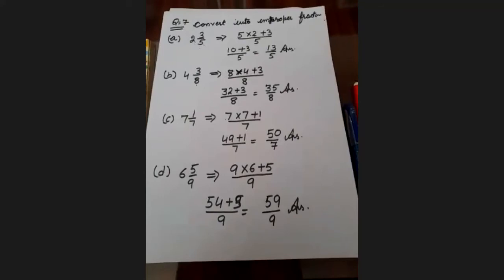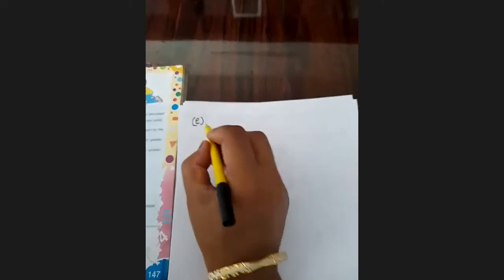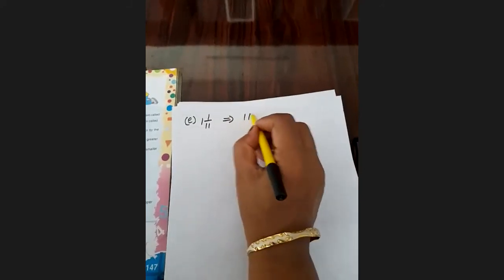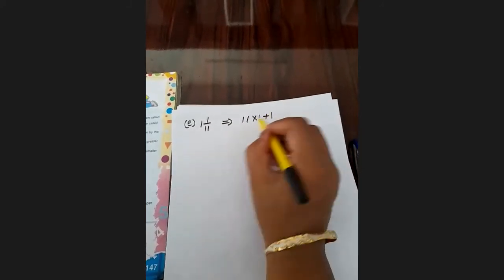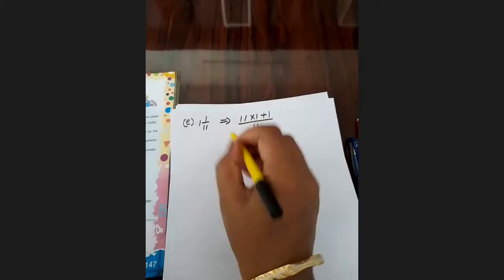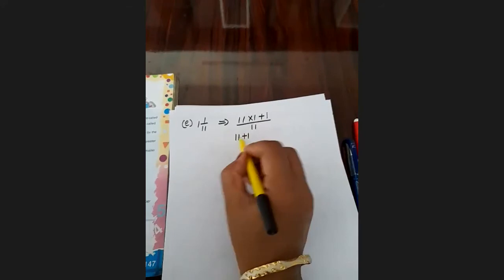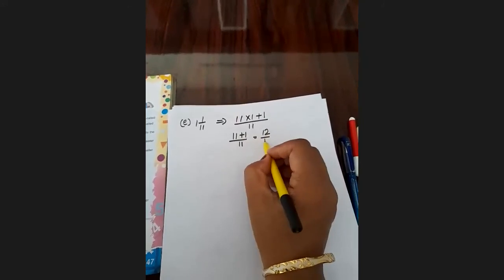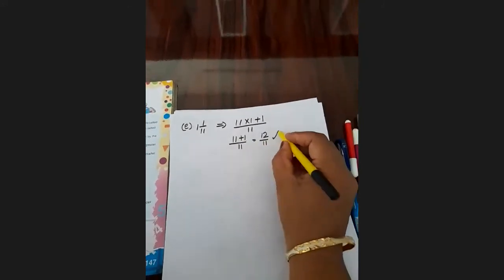Yes, students. Next is E part. Part E, 1 upon 11. 11 plus 1, 12. Clear, students?